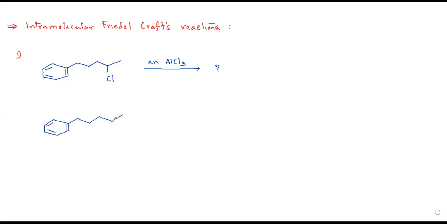Initially, this chlorine, of course, goes out along with the bonded pair. I mean, it actually donates a pair of electrons to aluminium, the Lewis acid, aluminium chloride.